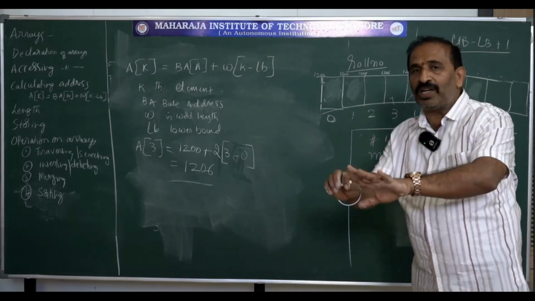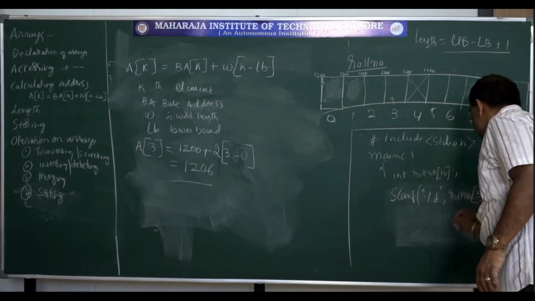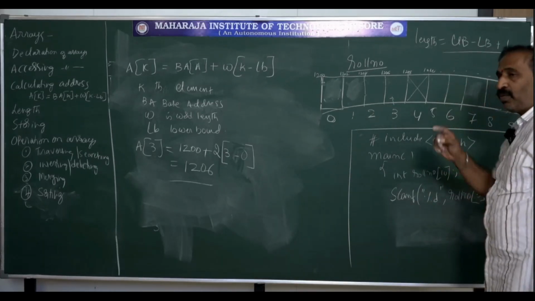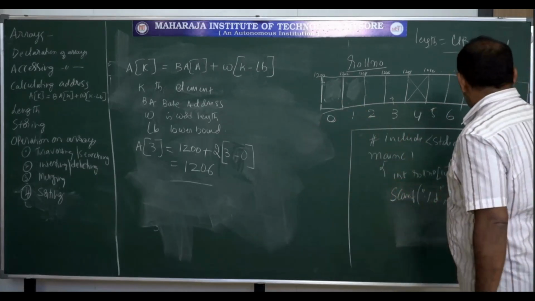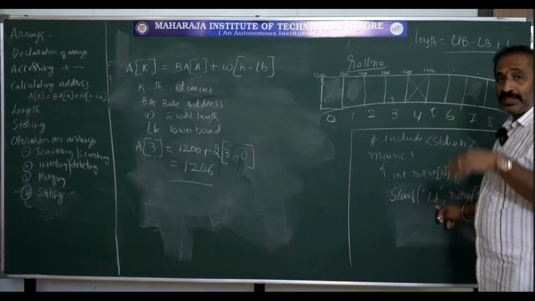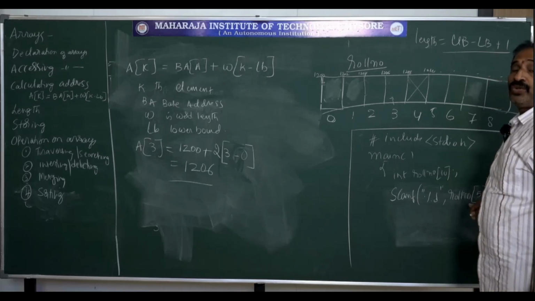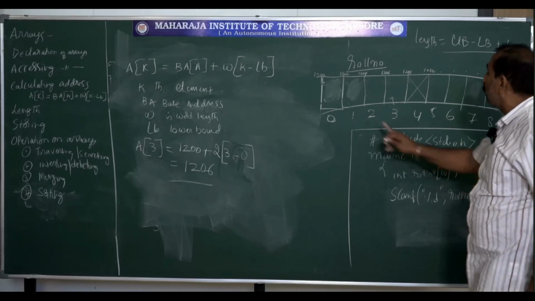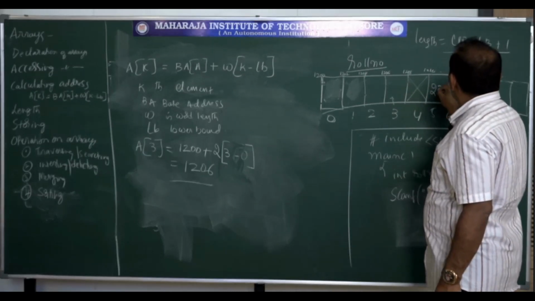Somebody types a number called 23. Whatever value you have typed using the keyboard, you are reading it as an integer, %d means it is an integer. Where should it go? It should go as the 5th element. So therefore, here it comes, 23.